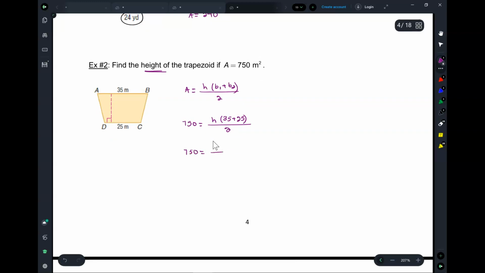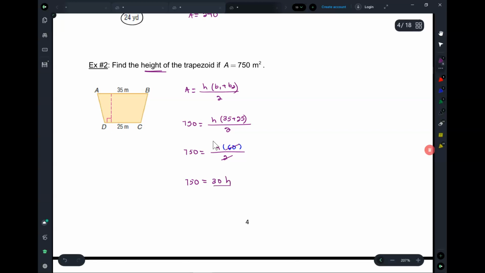So 750 is equal to h times, do the parentheses first, 60 over 2. Okay. Now, you can simplify the 60 and the 2. That gives you a 30. Don't rush these. So 750 is equal to 30 h.